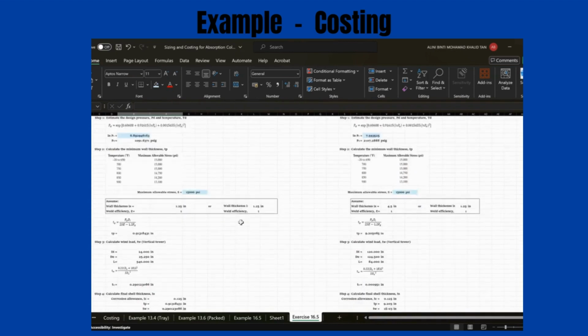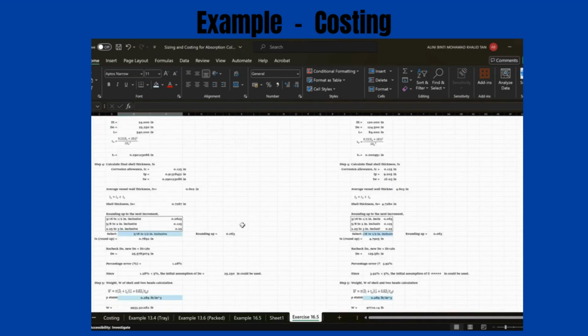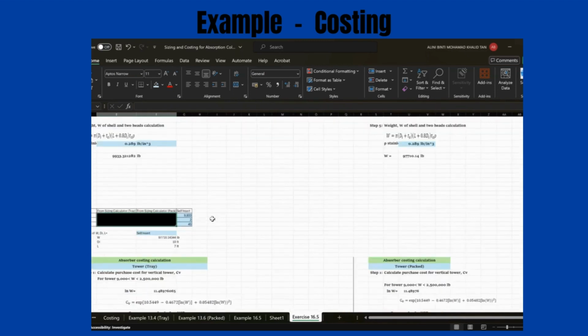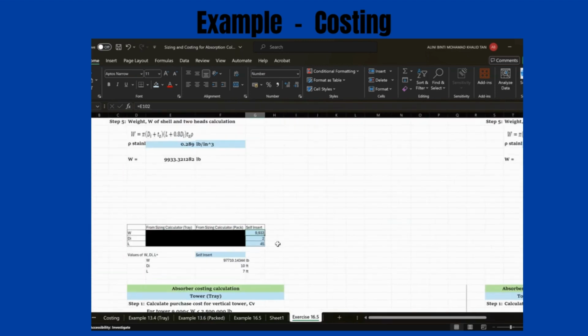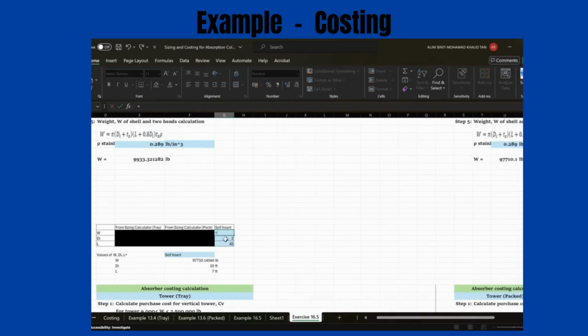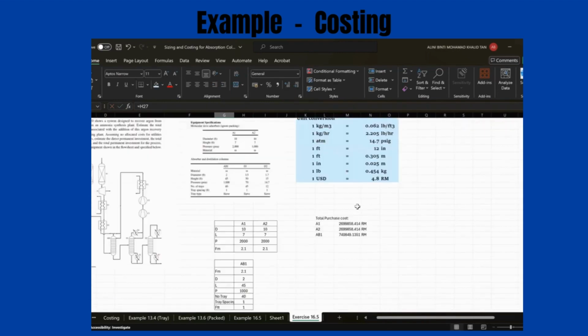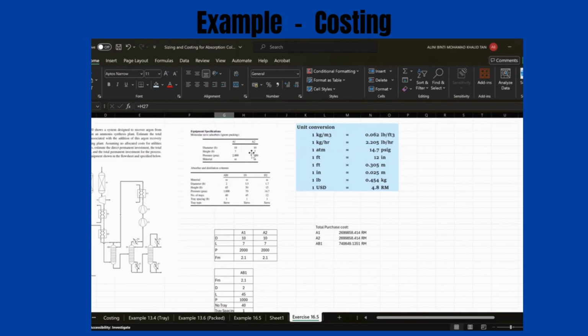As you can see here, we can just input the weight that we calculated, which is this, and then the diameter is 2, and the length is, if I'm not mistaken, 10 feet.